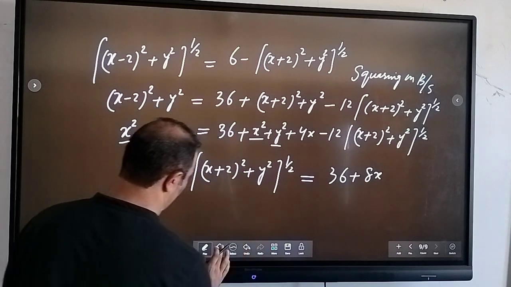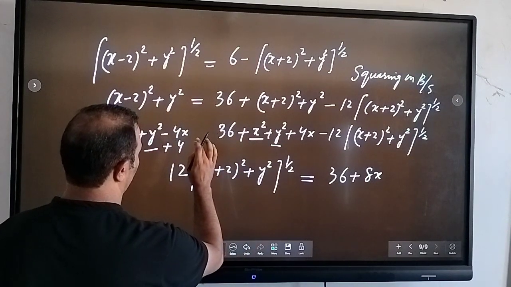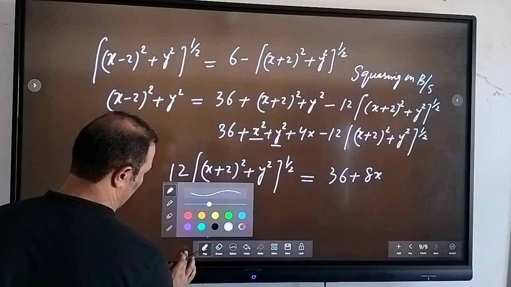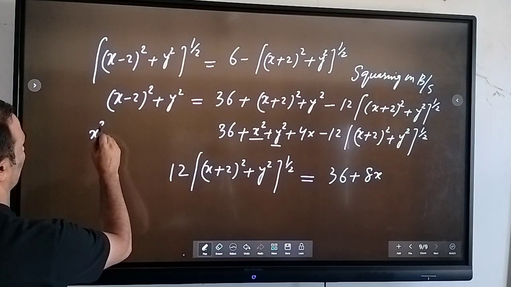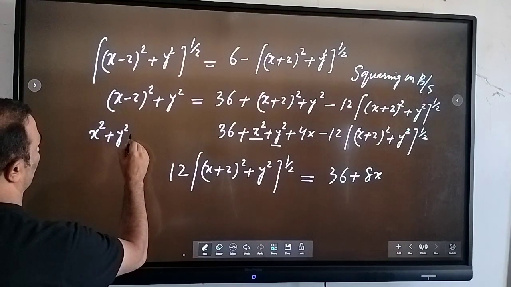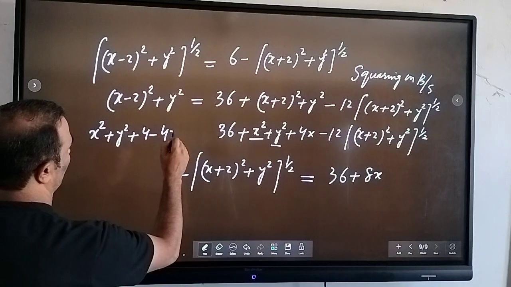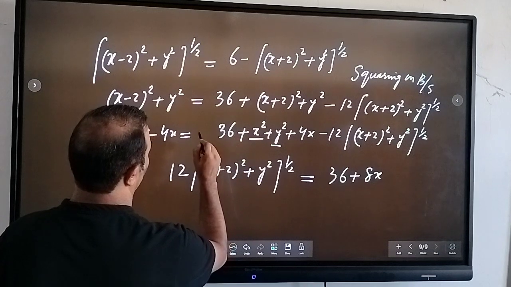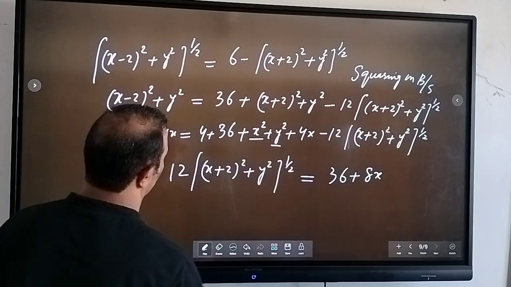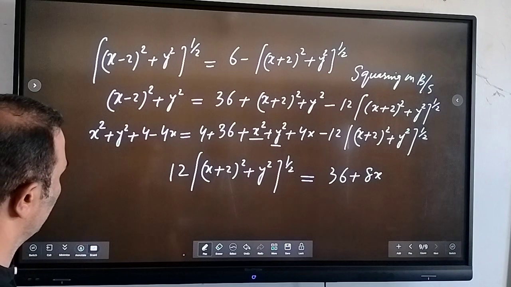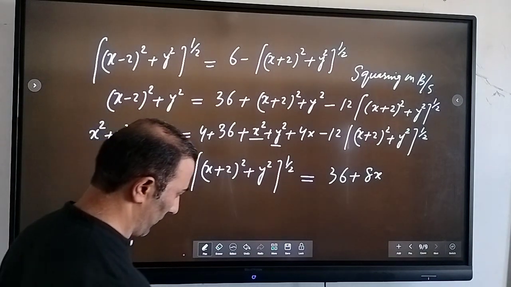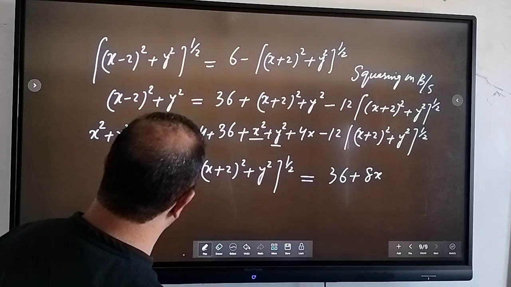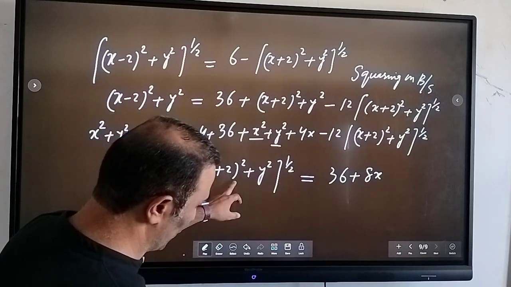So instead of that, you can write this as 12 into (x plus 2) whole square.